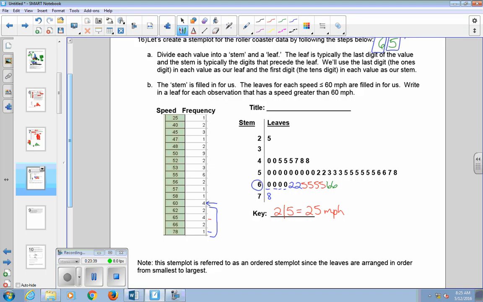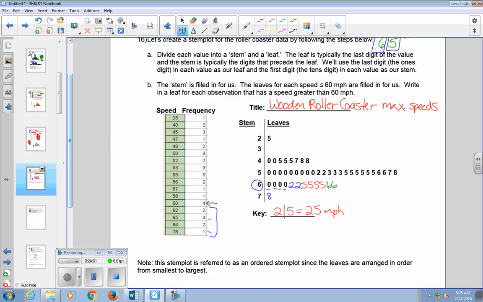If you're doing this by hand, you might start with an unordered stem plot, kind of your rough draft, and then order it as your second step. And last thing we want to make sure we do is put a title on here. So up here, we might want to say that these are wooden roller coaster speeds, or wooden roller coaster maximum speeds.